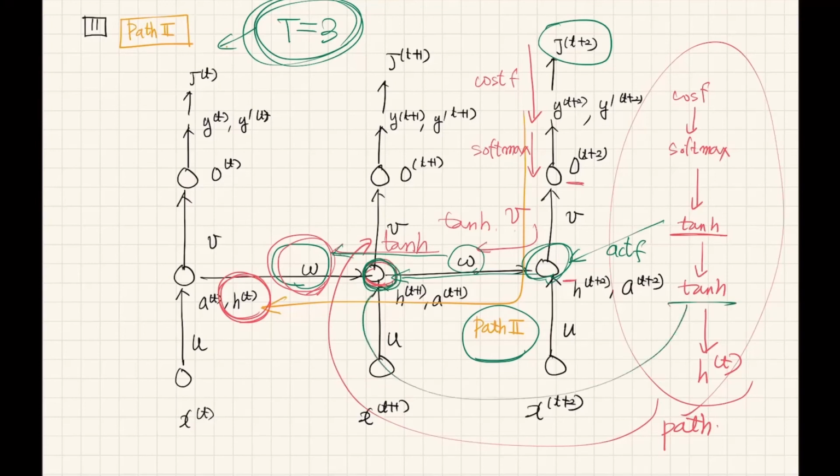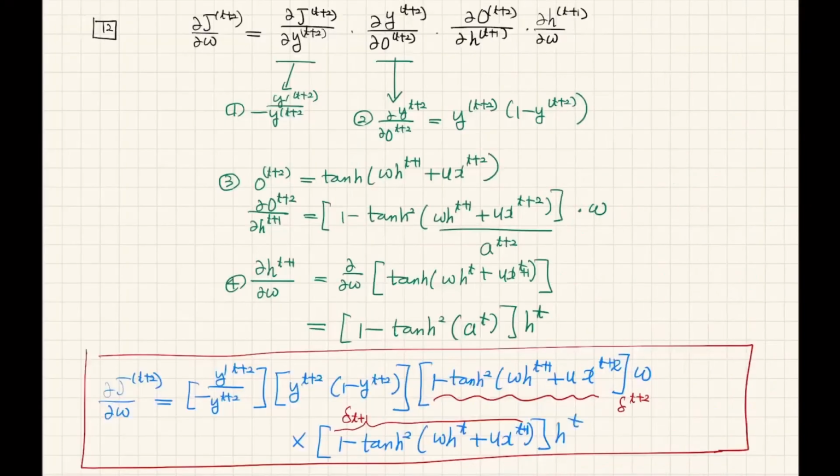So that means we have to consider the derivative of the tangent hyperbolic function twice. Here is t+2, here is t+1. That is the derivative of the activation function. So now, in the case of t equals 3, the derivative of the cost function at t+2 has this term.